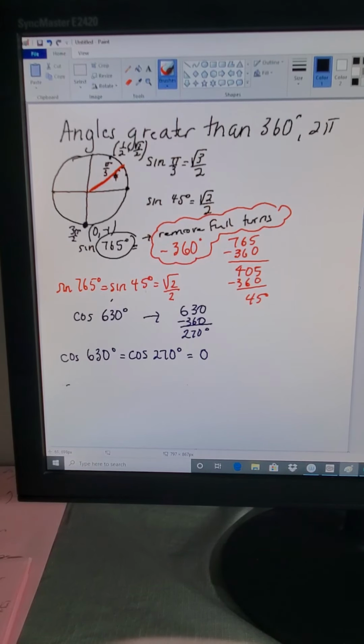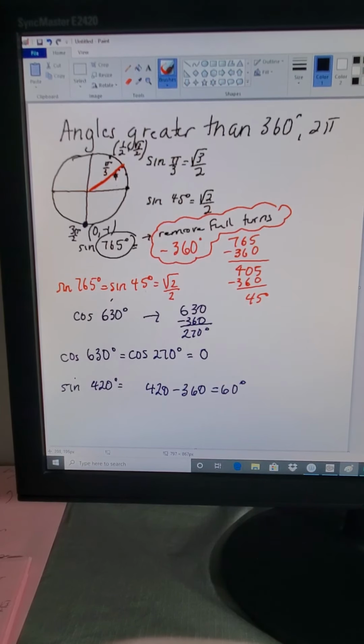I'll do one more here. The cosine of 420 degrees. This one should be a simple one. 420 is too big. If I remove 360, that's 60 degrees.